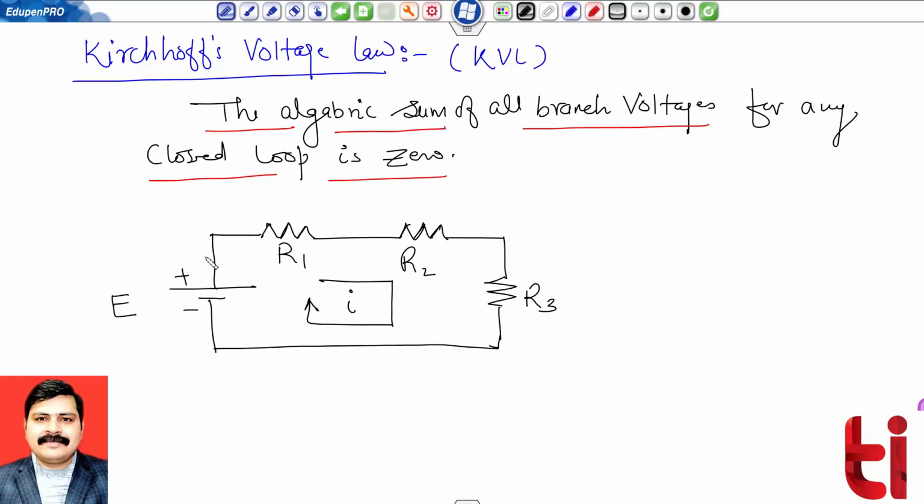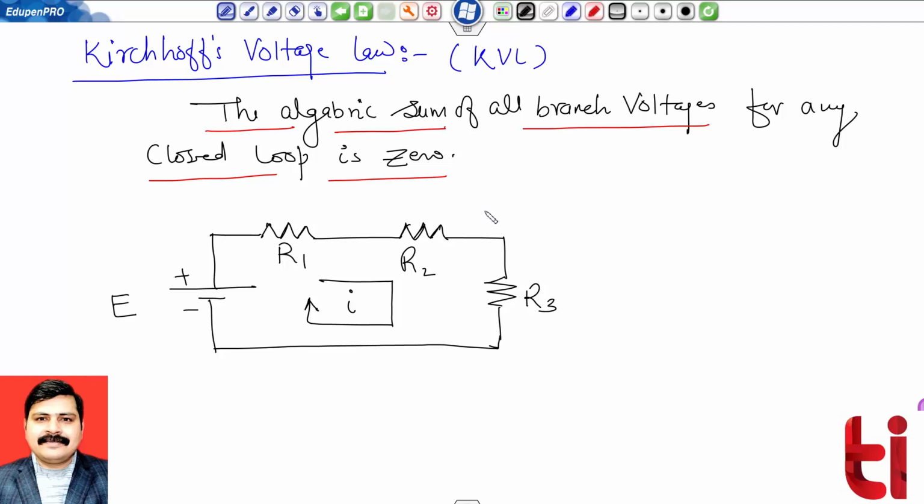So you can check it's a closed loop. With reference to this Kirchhoff law, current will always flow from the positive terminal, from higher potential to lower potential. Therefore we have shown the clockwise direction over here.